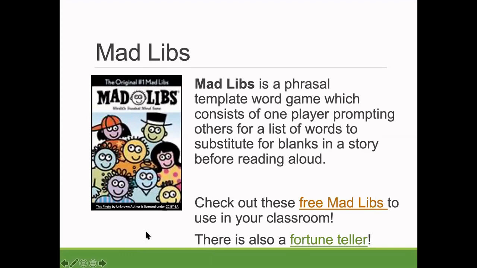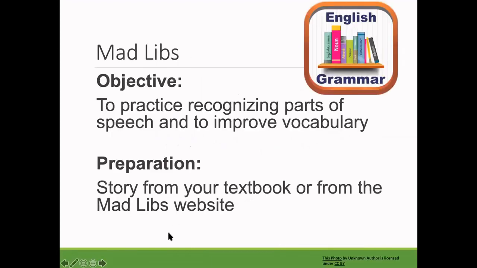Let me tell you a little bit more about it. The objective is to practice recognizing parts of speech and to improve vocabulary. You can use any story. You can use a story from your textbook. You can go to the Mad Libs website and use one of their pre-done stories. This is a very easy activity, similar to a cloze activity where you have a paragraph and maybe you take out all of the verbs.